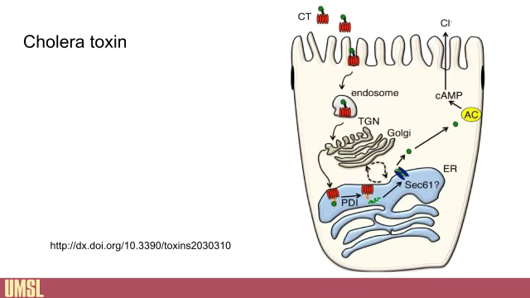So before, what we saw was that edema factor itself is an adenylate cyclase. And so the enzymatic activity of that toxin is to overproduce cyclic AMP. And overproduction of cyclic AMP is going to result in release of chloride anions, also a lot of water.